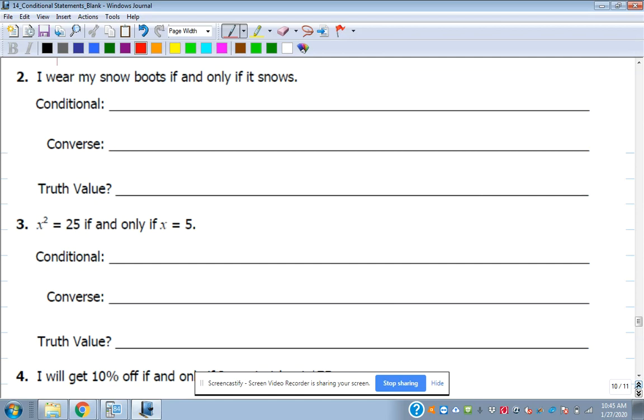If it snows, then I wear my snow boots. Is the conditional true? If I wear my snow boots, then it snows. If that were the case, I'd say wear your snow boots. So the conditional is false, which automatically means what about the biconditional? It's false.